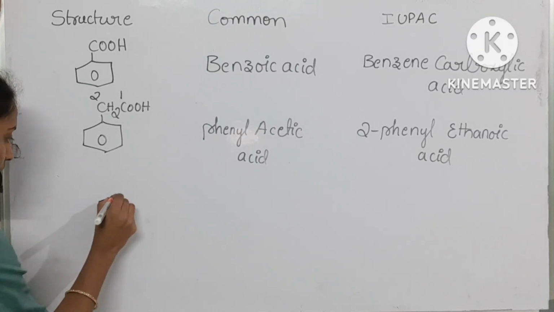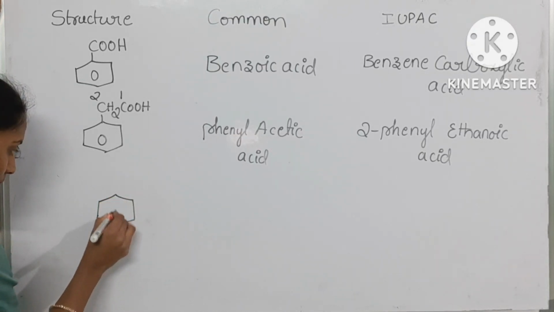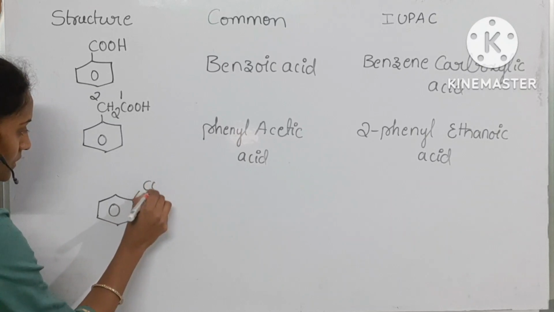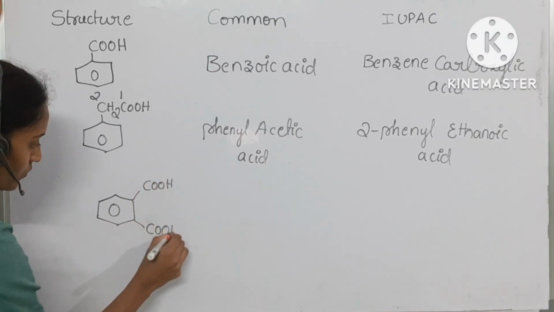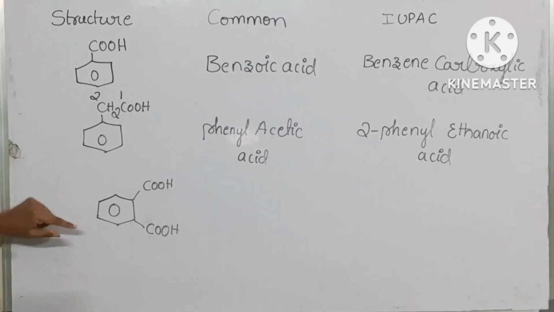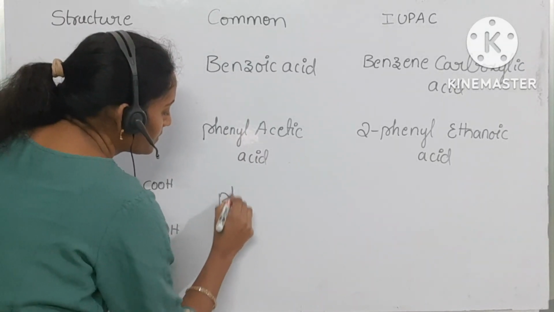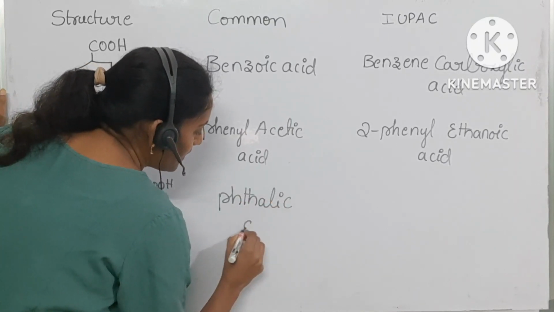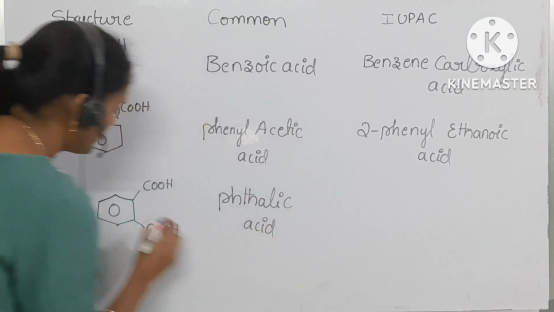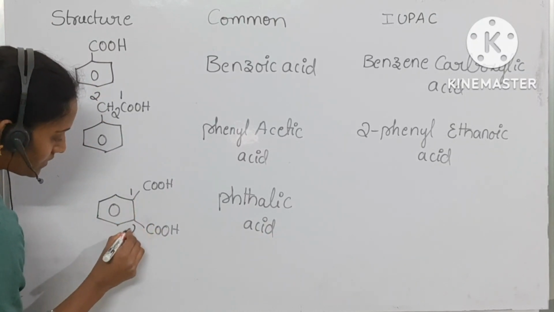Next one is COOH. Here, see, this is phthalic acid. Phthalic acid, its IUPAC name is, see, this is the first carbon, this is the second carbon.